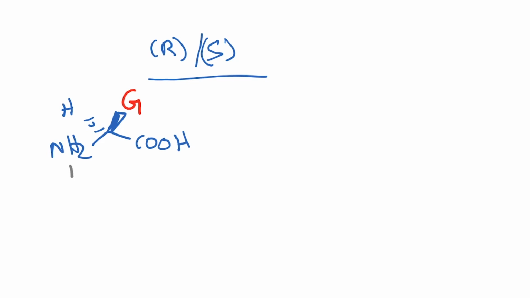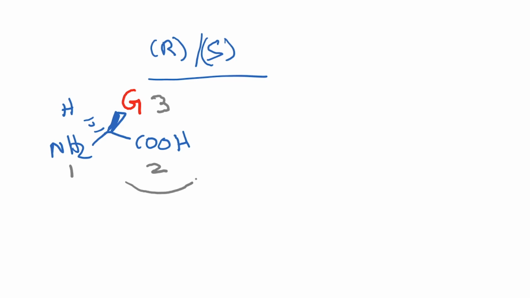So let me start doing the nomenclature. Nitrogen center gets 1, carboxylic acid gets 2, and let's assume that this G has a lower priority than NH2 or COOH. For example, if G is deuterium, then it's going to be priority number 3.